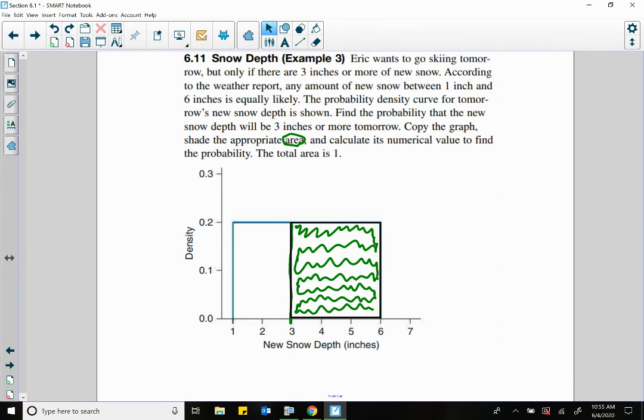Length times width. So what is this length here? Well, it goes from 3 to 6. So that's 1, 2, 3. What is this width here? Well, it goes from 0 to 0.2.